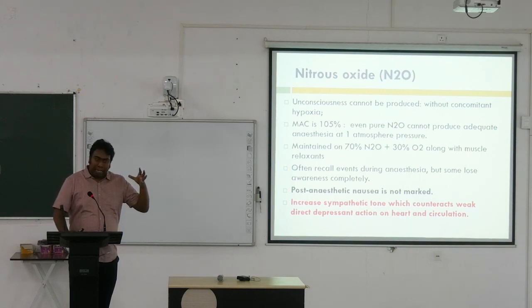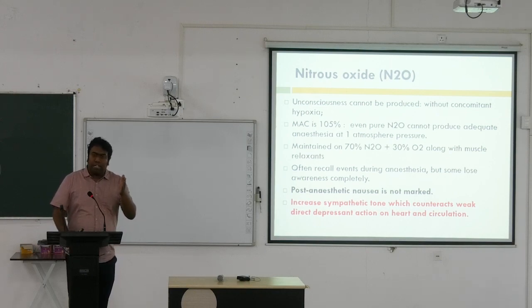So it helps to take this second drug, halothane, into the systemic circulation very easily. It causes rapid anesthesia. Onset of anesthesia will be rapid. With the help of nitrous oxide, we can increase the concentration of ether or halothane or other anesthetic inside the body.